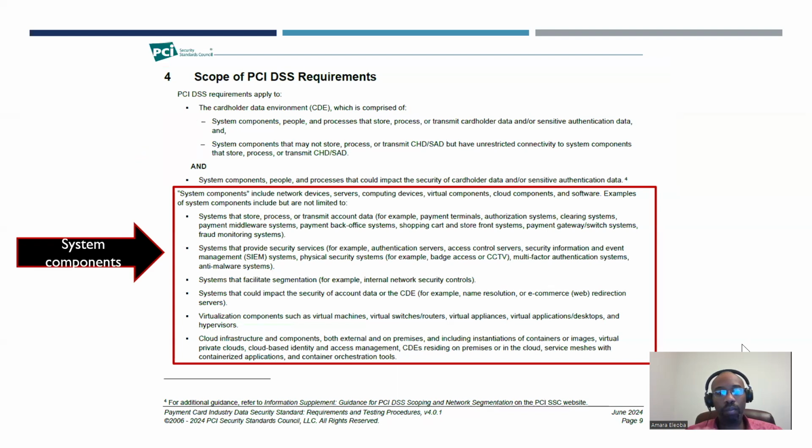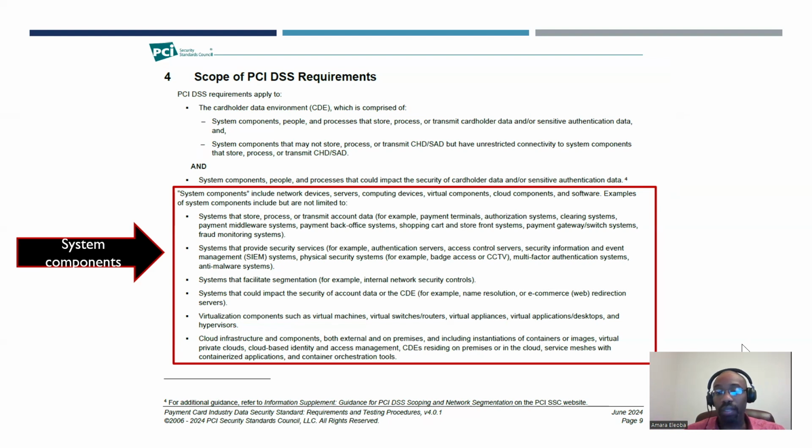Okay. So what does PCI define as a system component? Here we have, for example, network devices, servers, and computing devices, and the computing devices can be your desktop, your workstation, your laptop.